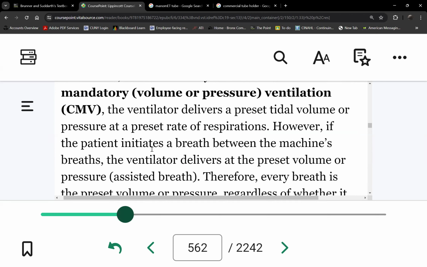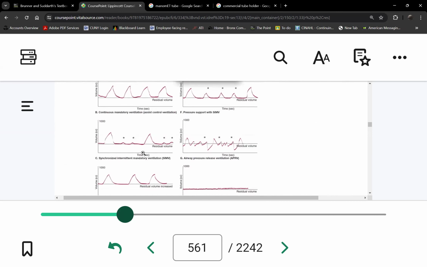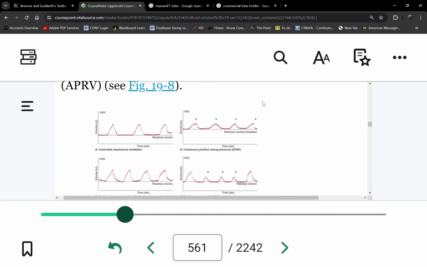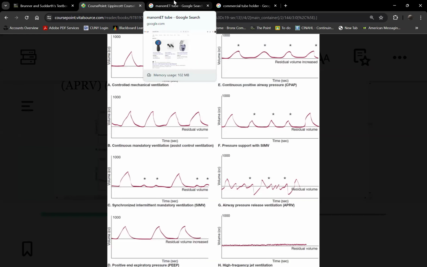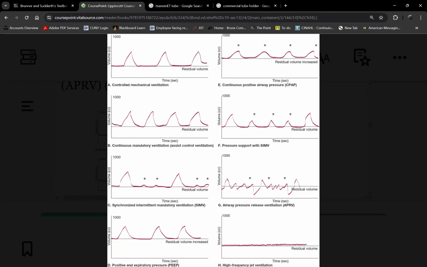All right, let's look at the next statement. However, if the patient initiates a breath between the machine's breaths, the ventilator delivers the preset tidal volume. So what does that mean? The letter B here is not very clear, so let me just draw it instead.